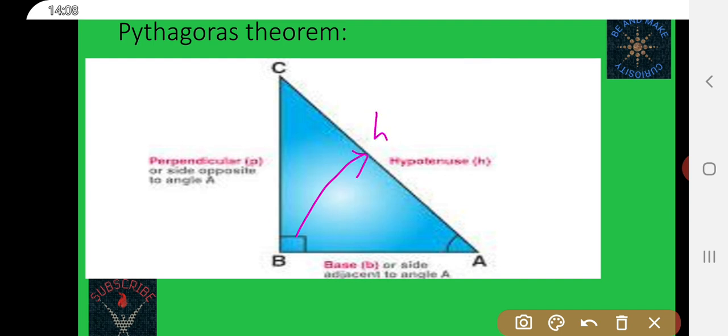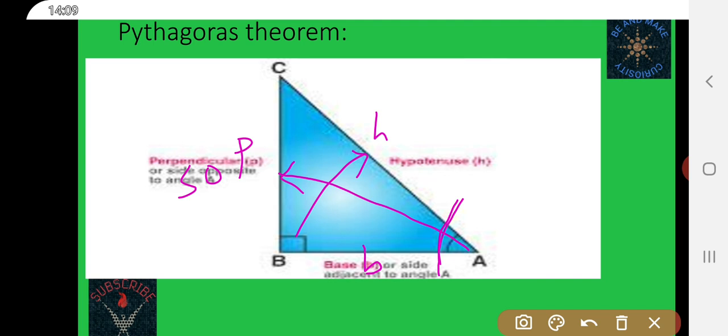Okay, and suppose you take this angle A, then the side adjacent to angle A is your base and the side opposite to angle A is your perpendicular.